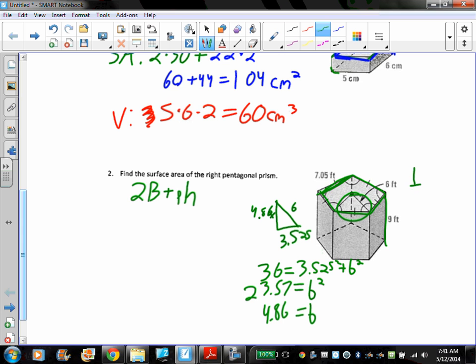The formula for that, again, is 1/2 apothem times perimeter. So in this case, that would be 1/2 times 4.86 times, the perimeter would be 7.05 times 5, 35.25.